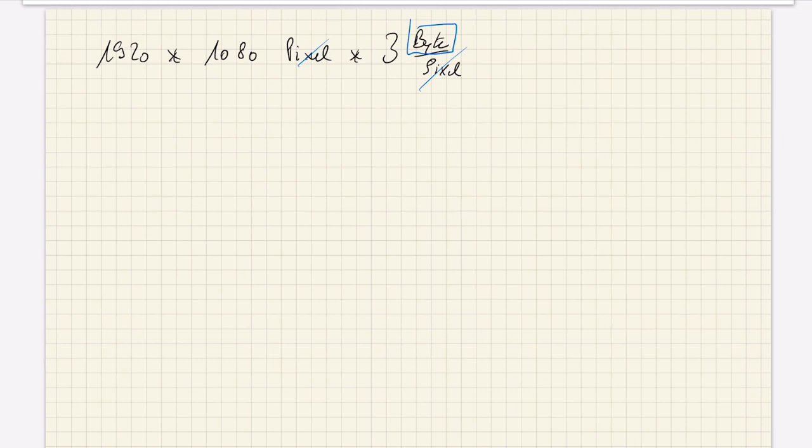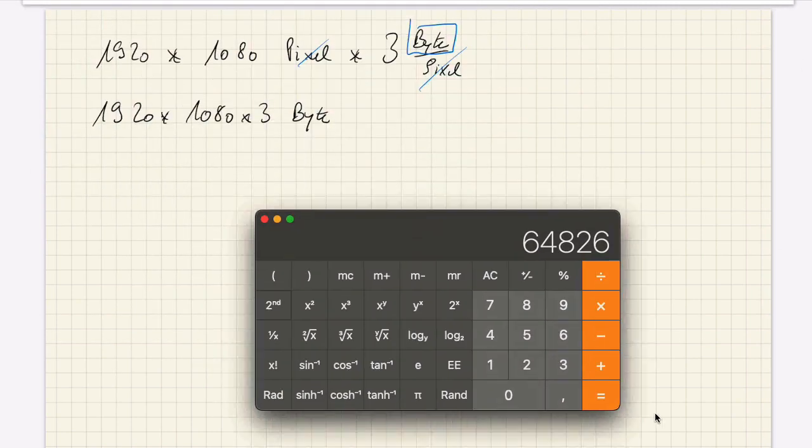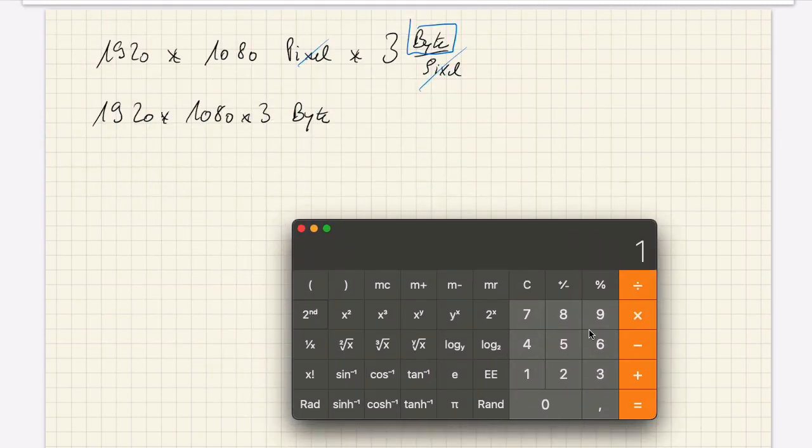So we have a simple calculation of 1920 times 1080 times 3 byte, and again a calculator is of help, so let's type it in. We have 1920 times 1080 times 3, and we get a big number.